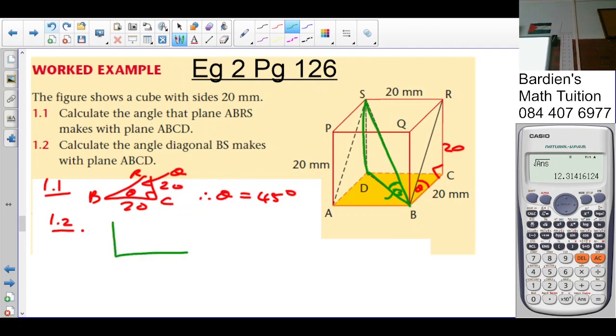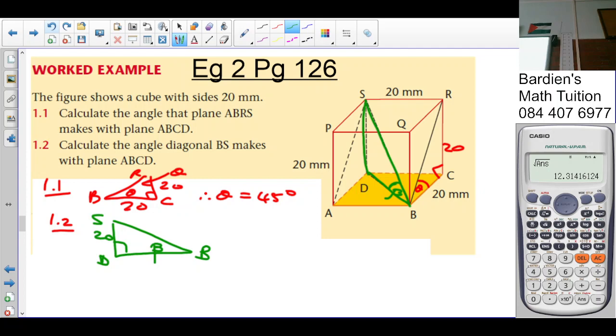I'm going to draw it here to show you what it looks like. So it's B, you've got S, D, B. So what can be calculated here? We know what SD is. What is SD? Okay, I'll tell you, it's 20.